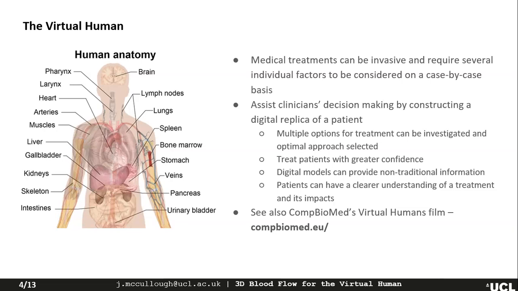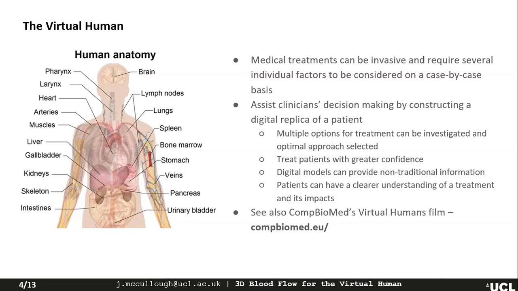And so a virtual human, or a digital replica of a patient that encapsulates all of these individual variations in physiology, can help a clinician, we feel, by helping them to investigate multiple different options for treatments for a given individual and work out ahead of time what the optimal approach would be, to treat their patients with greater confidence in that they've evaluated different options and have worked out what the best one is.